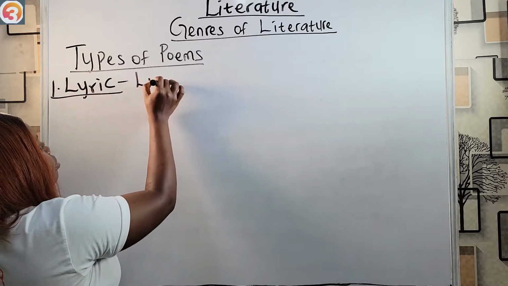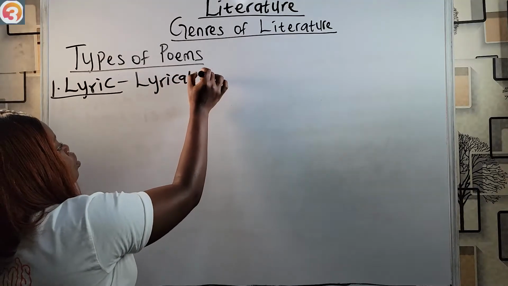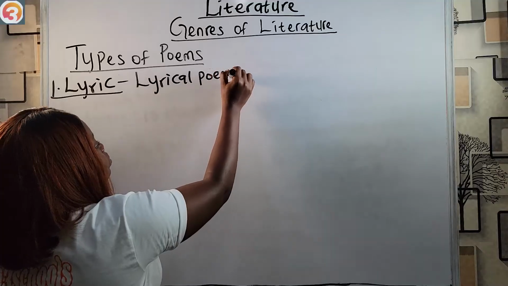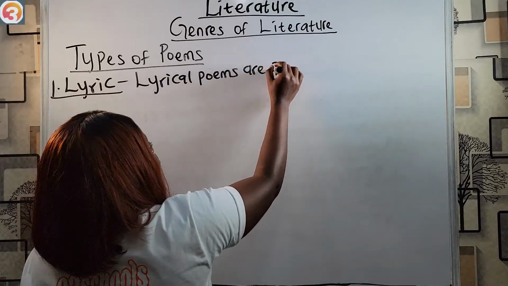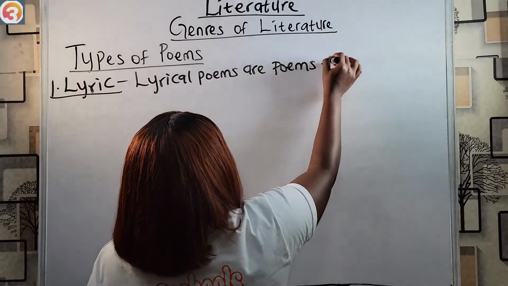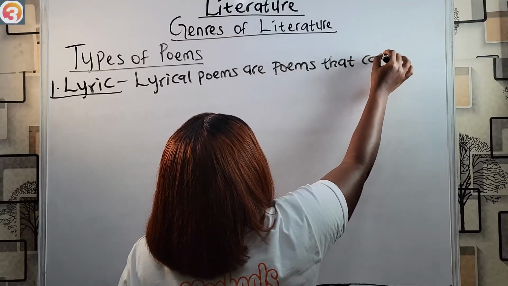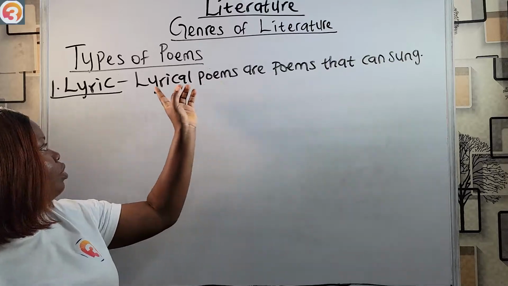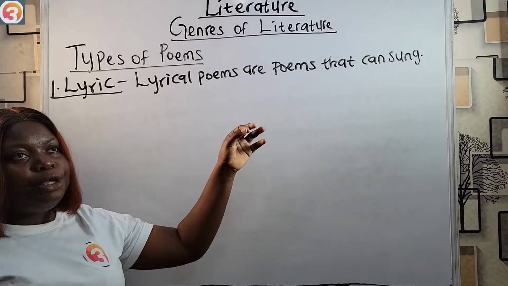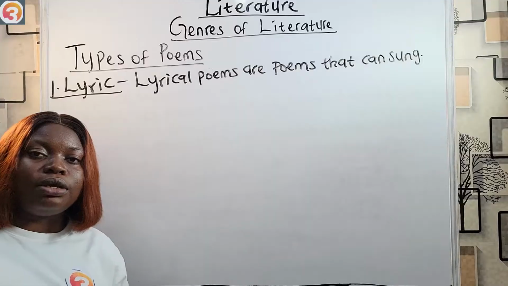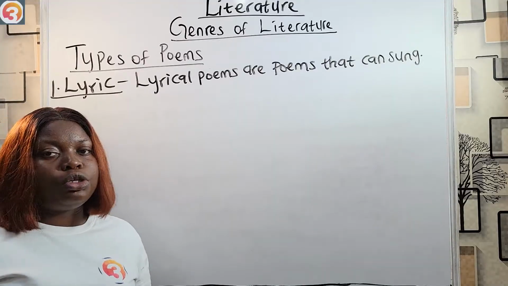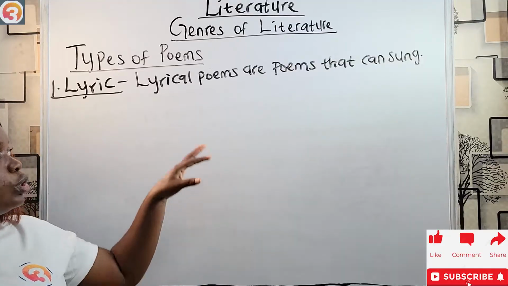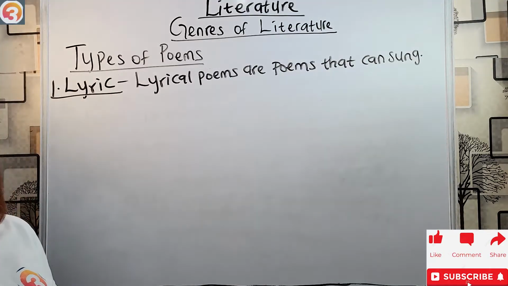Lyrical poems are simply poems that can be sung. Poems that can be sung, we refer to them as lyrical poems, and they mostly contain rhyme and are often emotional. But as long as there's this musical quality to them and you can turn them into songs, we refer to them as lyrical poems.